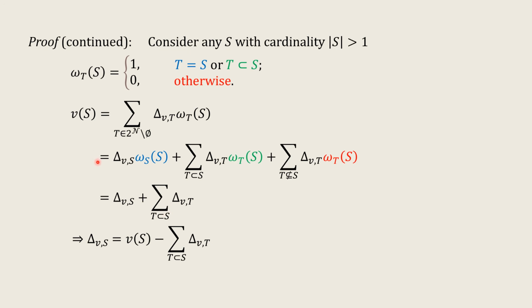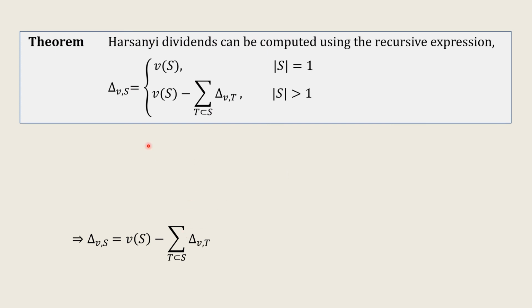Whence we get V of S equals this expression here, or delta S equals V of S minus the summation over T of delta T. And if we compare it with the statement of the theorem, when S has higher cardinality, then we apply this expression here, which is the same as what we arrived at earlier.